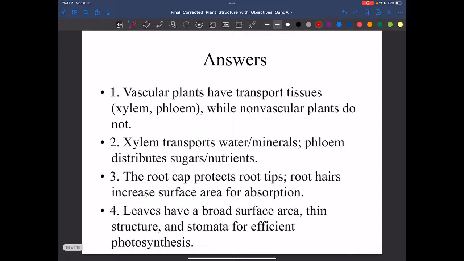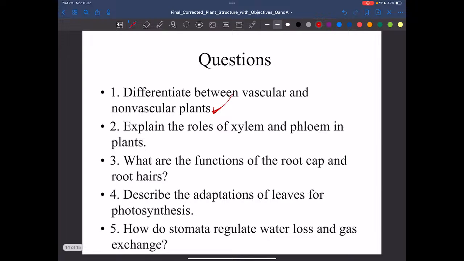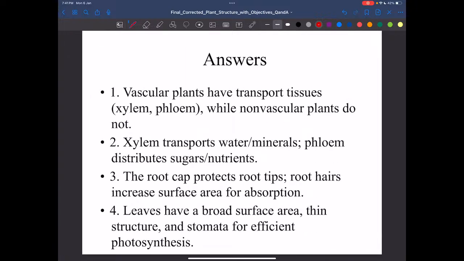And these are the answers. The answer for number 5 is not showing, but we mentioned it already, okay. So if you want, take a screenshot of the answers and take a screenshot of the questions too if you want. Exactly, they open and they close depending on the environment. So if they are in a dry environment, they're obviously going to close because they do not want to lose water, okay.